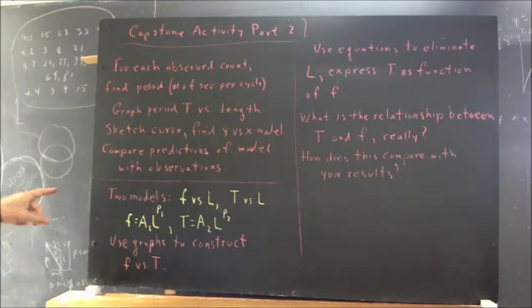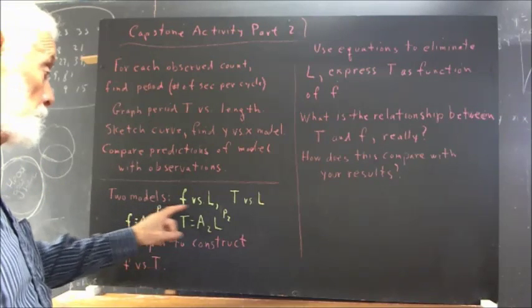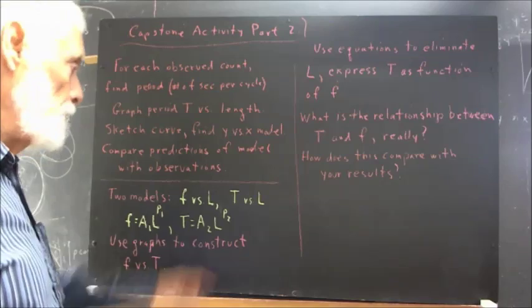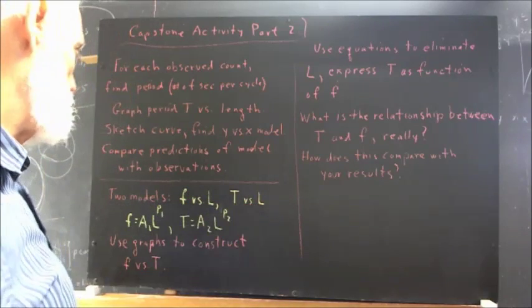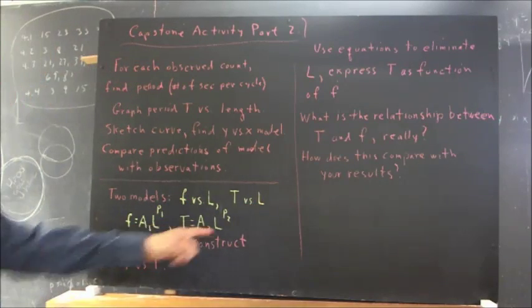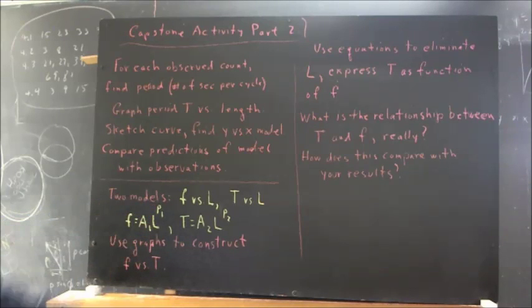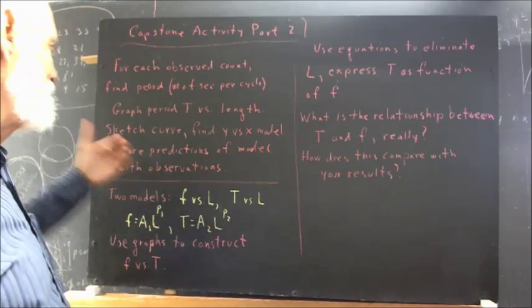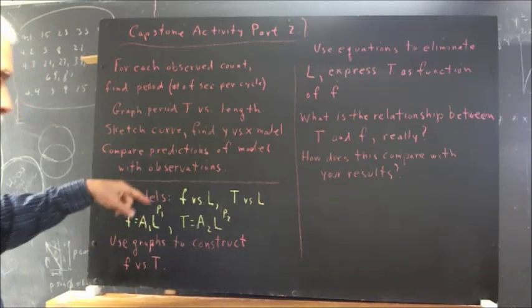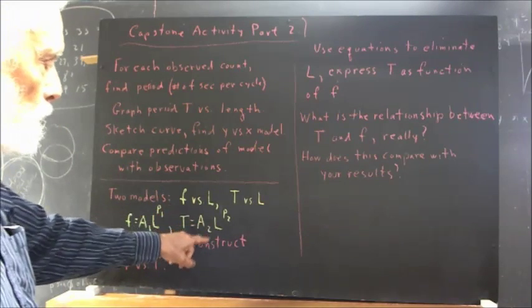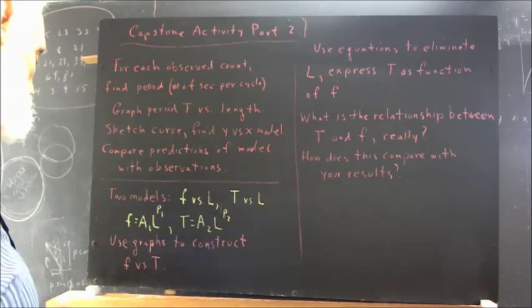Now, this gives us two models. We have a model for frequency versus length, and we have a model for period versus length. I'll represent those models as F equals a1 times L to the p1, and T equals a2 times L to the p2.